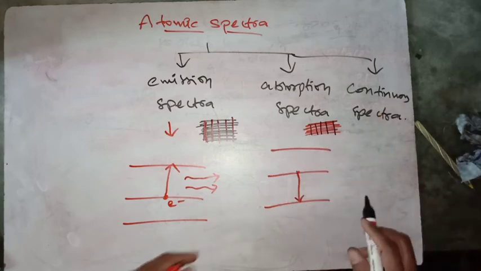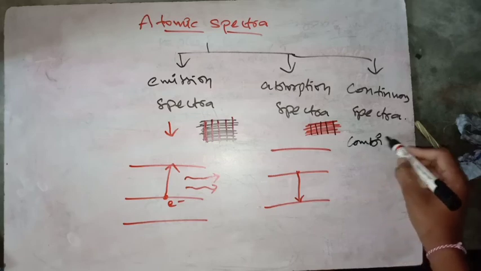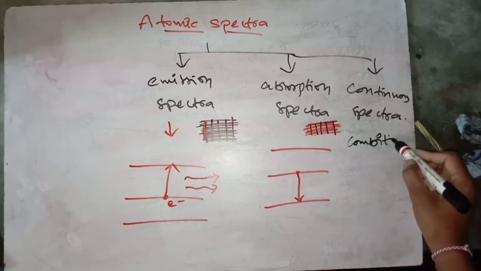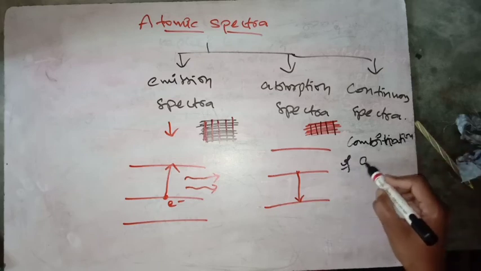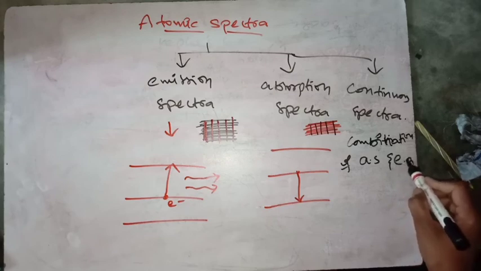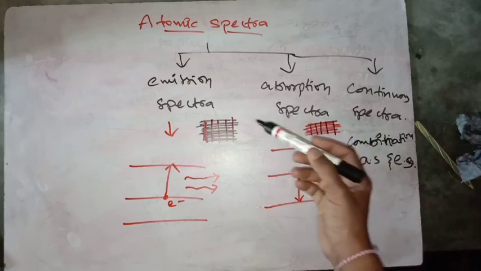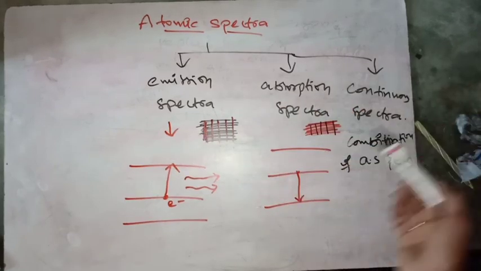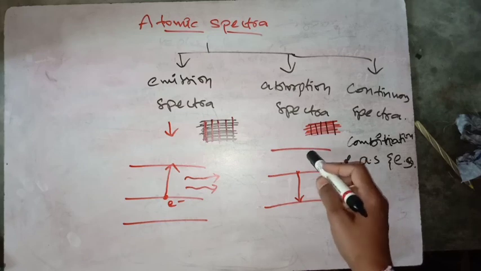Coming to the continuous spectrum. Continuous spectrum is nothing but a combination of absorption spectrum and emission spectrum. This is about the three types of spectra you observe when an electron transition takes place.